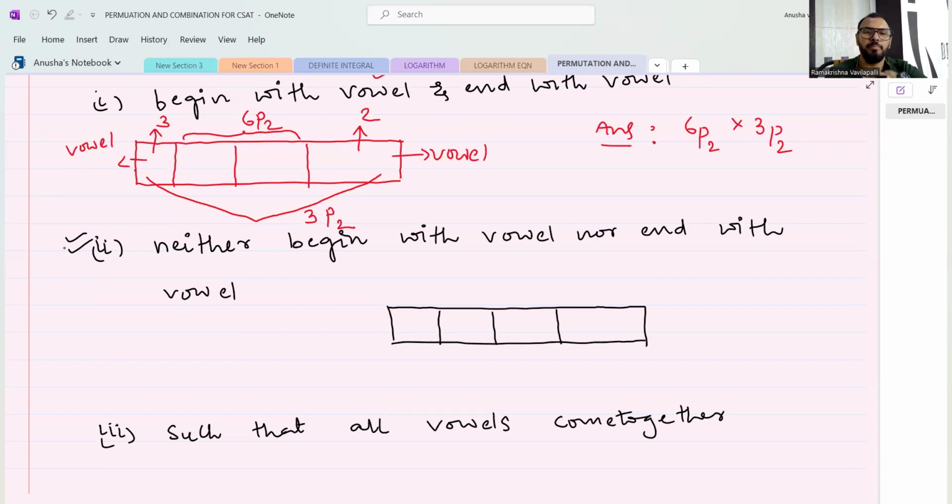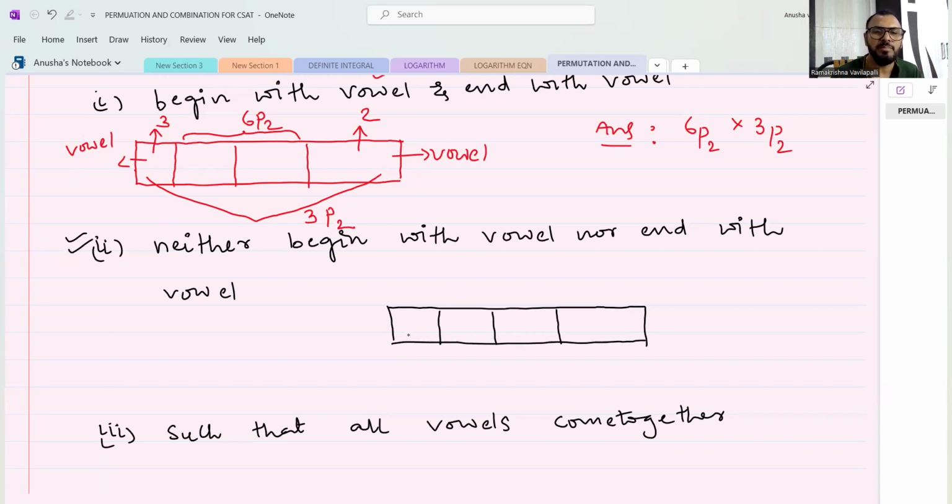Means the beginning letter should not be a vowel and the ending letter also should not be a vowel.